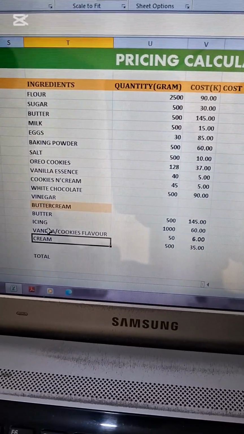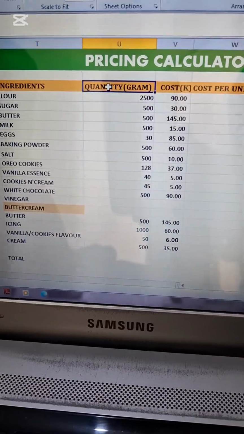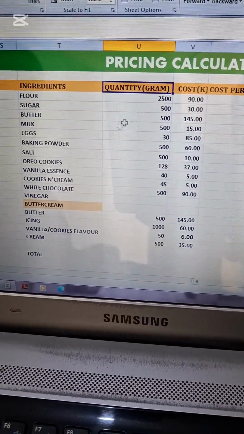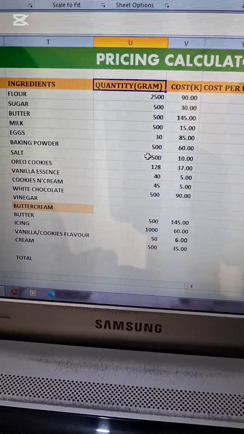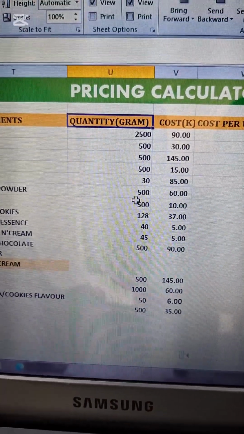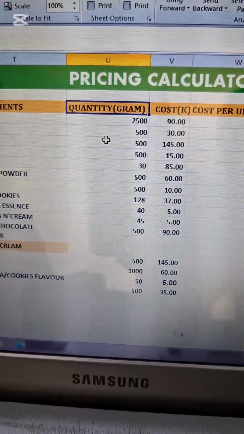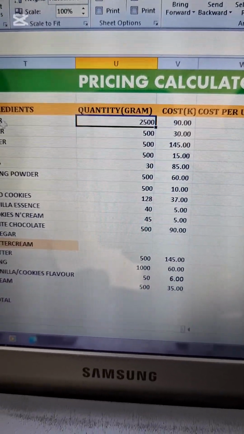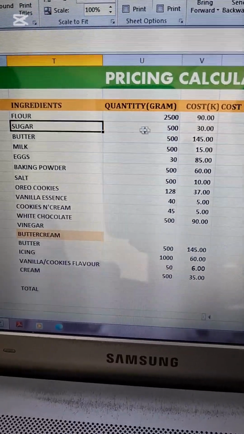I measure ingredients in grams, but you can calculate in cups, milliliters, spoons, etc. I just prefer grams as it gives me more accuracy in recipes. Some items like flour and sugar, I buy in kgs. To convert the weight to the smaller unit of grams, you just multiply the mass by 1000.